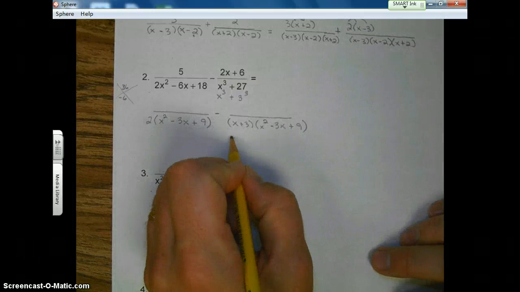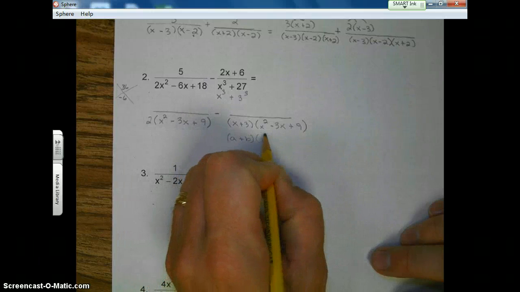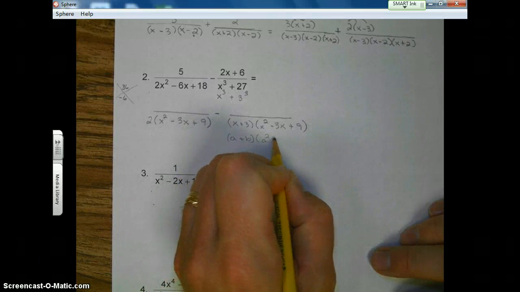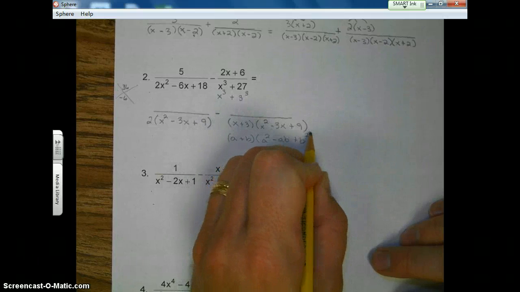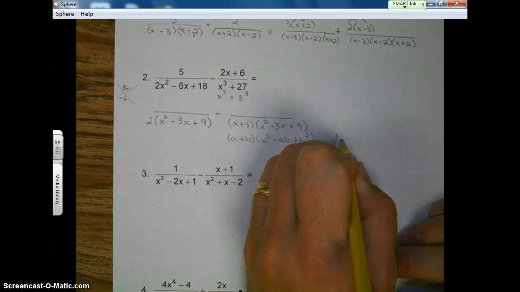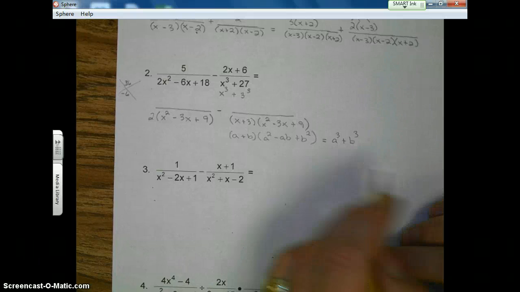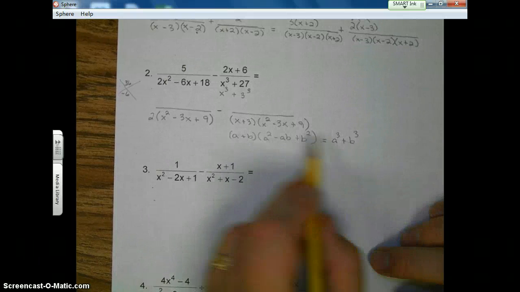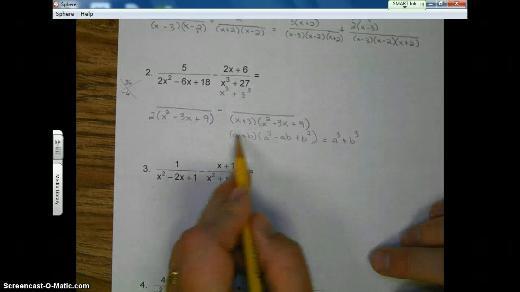Remember, the formula goes like this. And that's when you have the sum of 2 cubes. So I took and put it into this format.